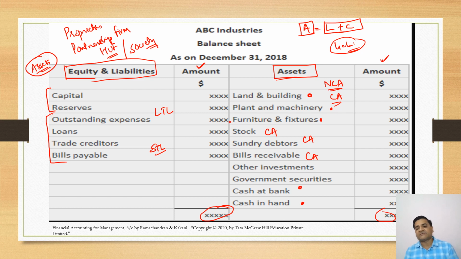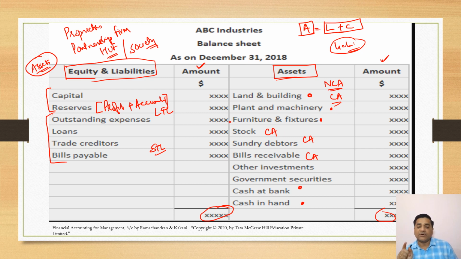So you need to understand only five things which need to be mentioned. The reserve mentioned here is nothing but your profit portion. Current profit plus accumulated profit or undistributed profit. What happens in the case of a company is, whatever profit is earned, that can be used in two ways.